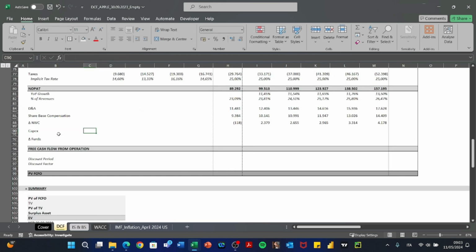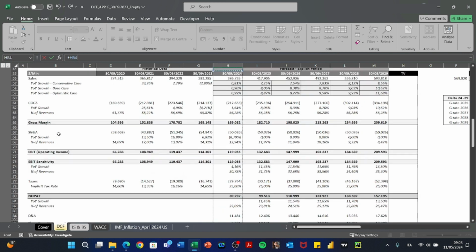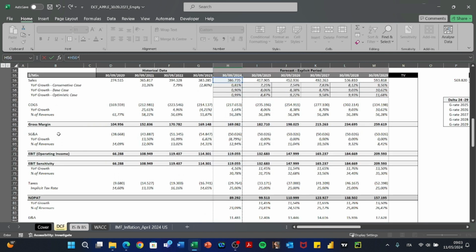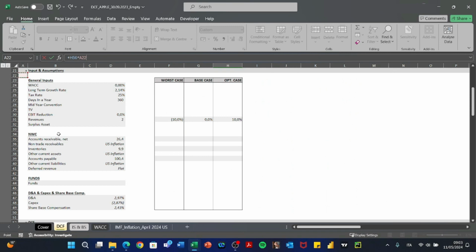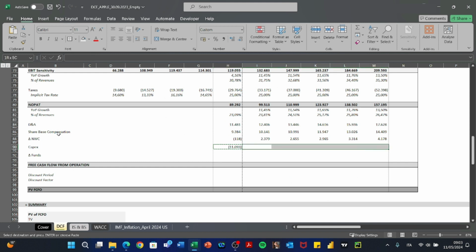So let me just estimate the future CapEx, just multiplying the sales by this assumption. Okay, they're negative. Perfect.